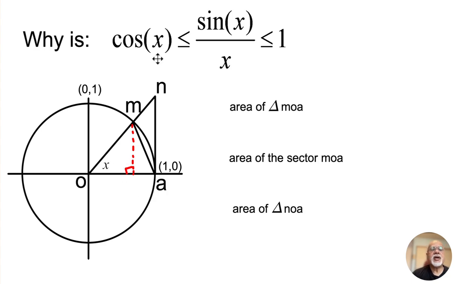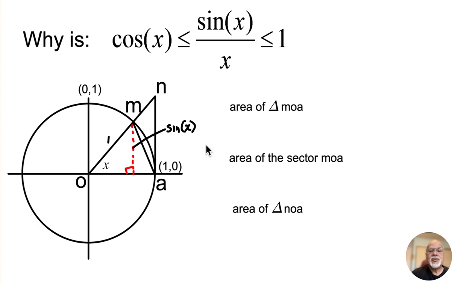But relative to that angle x, that's just the sine of x. Right, opposite over hypotenuse, and the hypotenuse in this case for the triangle MOA is just 1 because that's the radius of that circle, being a unit circle.